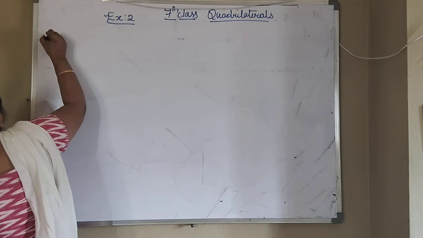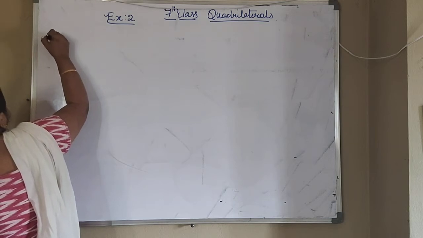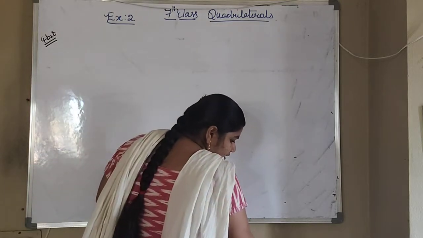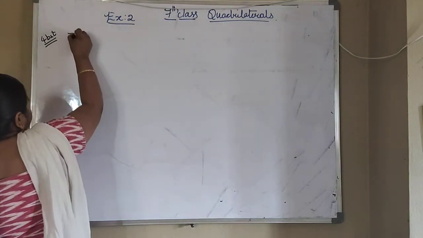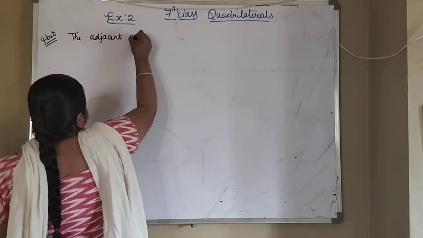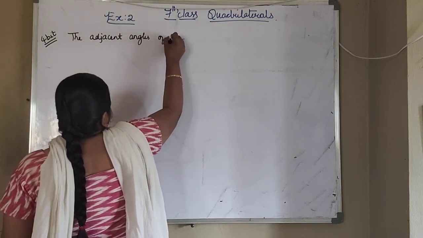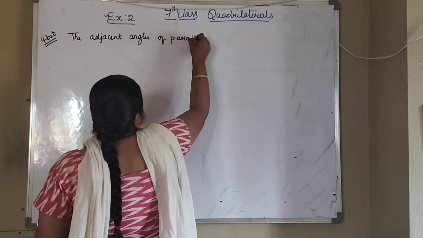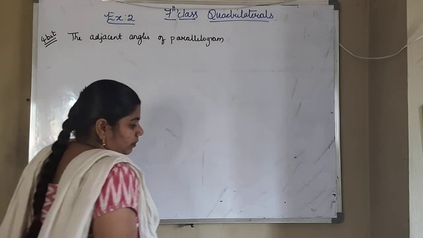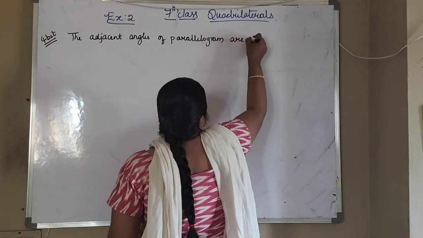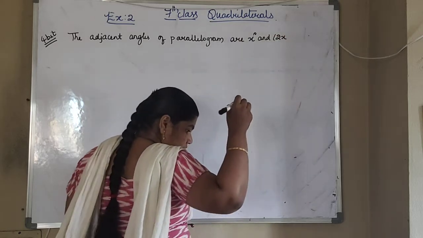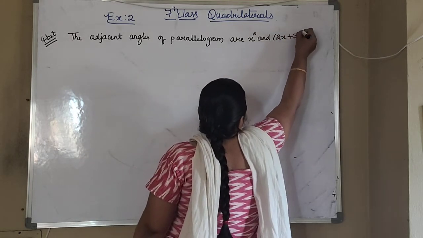So next, fourth question. What is that? The adjacent angles of a parallelogram are x degrees and 2x plus 30 degrees.